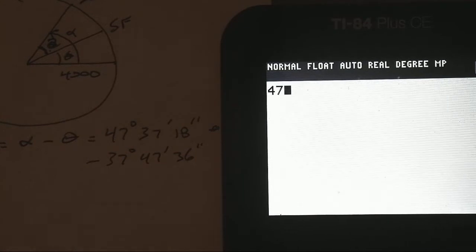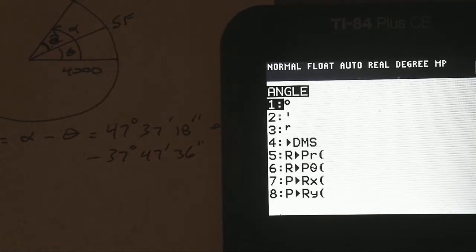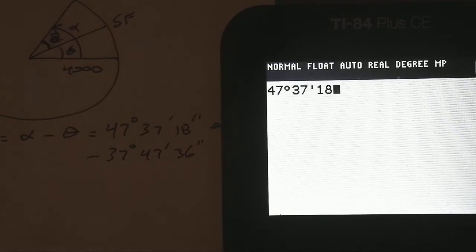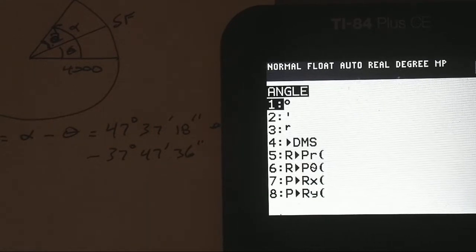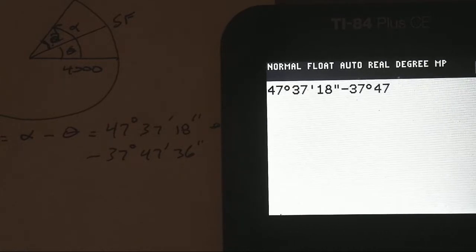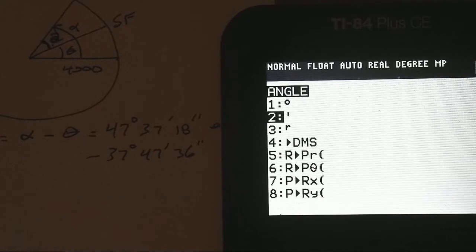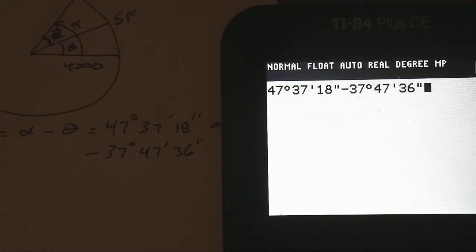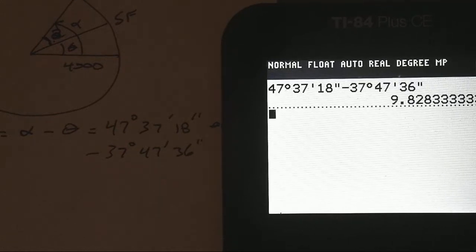So here we go, 47 angle degrees, 37 angle minutes, 18 seconds, then minus 37 angle degrees, 47 angle minutes, and 36 seconds, and we get this value, which I'm going to just jot down here.